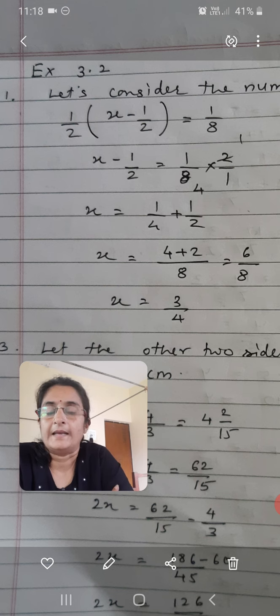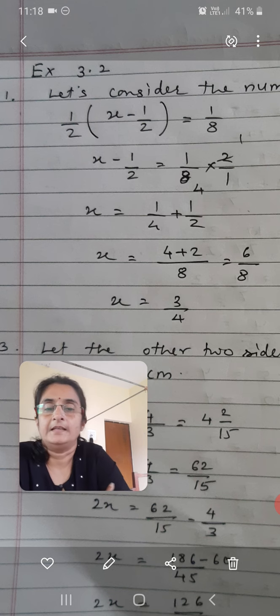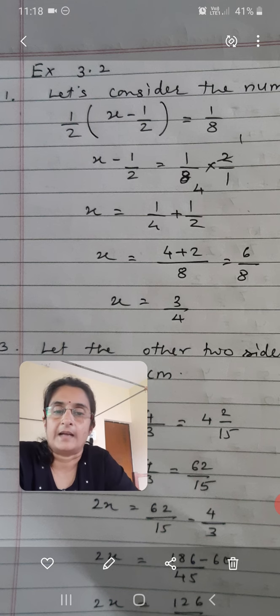Now minus 1 upon 2 is on the left hand side, we will take it to the right hand side. That minus becomes plus. So what we got on the right hand side? x is equal to 1 upon 4 plus 1 upon 2. Now when you are solving this addition of fractions, what do you do? Multiplication of denominators and then cross multiplication.